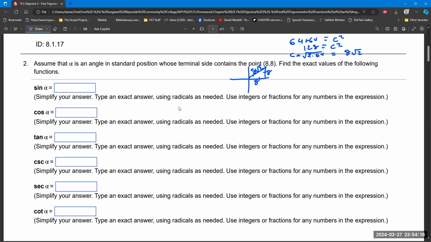So sine is going to be 8 over 8 root 2, which is 1 over root 2, which is root 2 over 2. Cosine is also going to be 8 over 8 root 2, which is root 2 over 2.